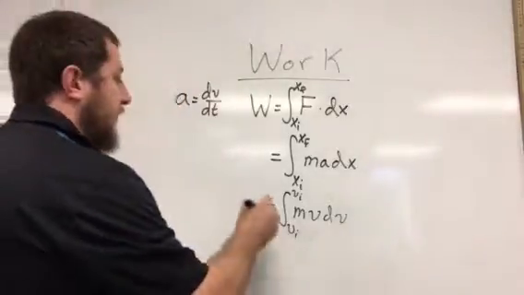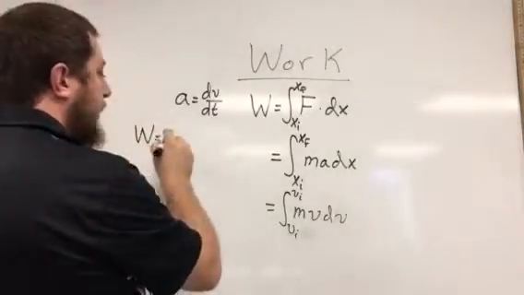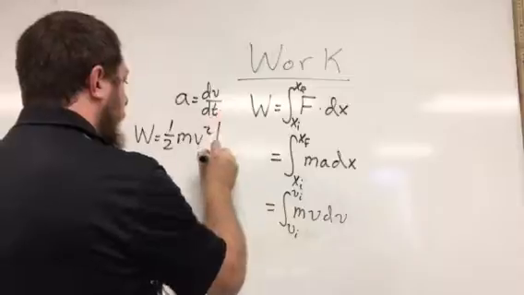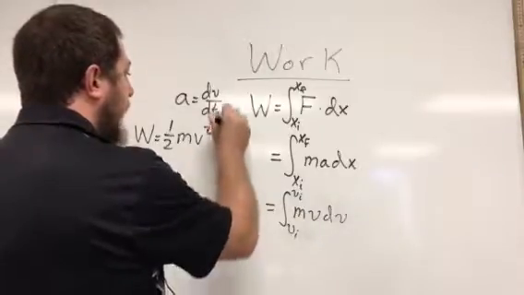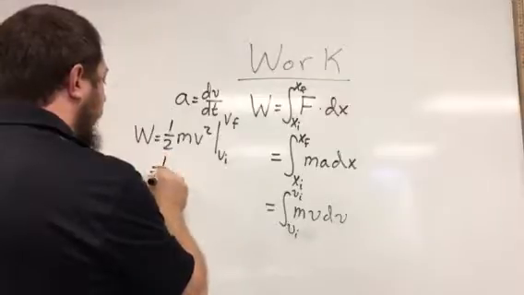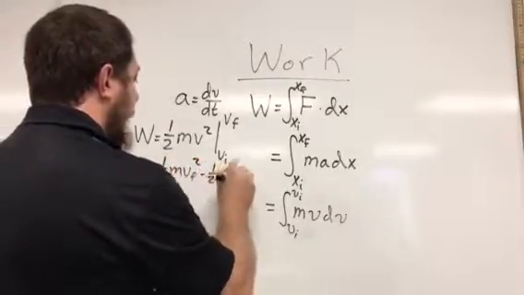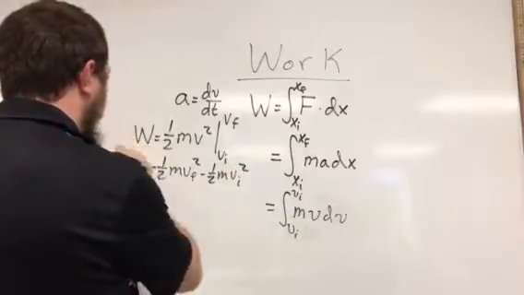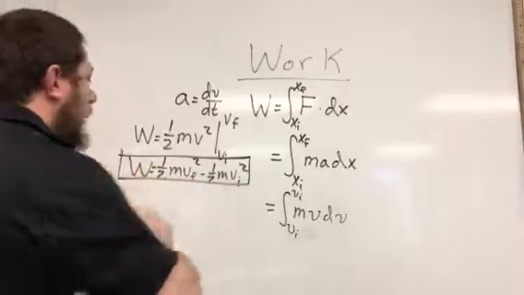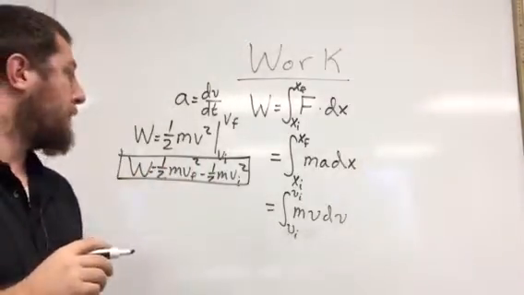So my work is equal to 1/2 mv squared from vi to vf. So this is equivalent to 1/2 m vf squared minus 1/2 m vi squared. And this is what my work is equal to.